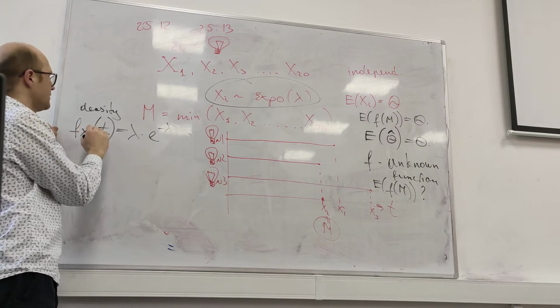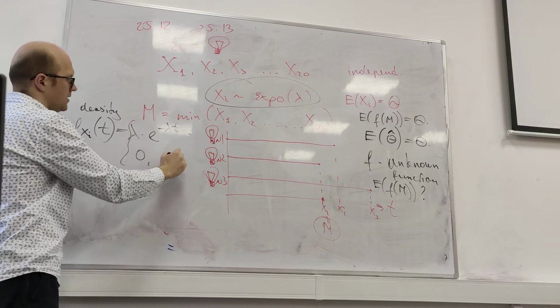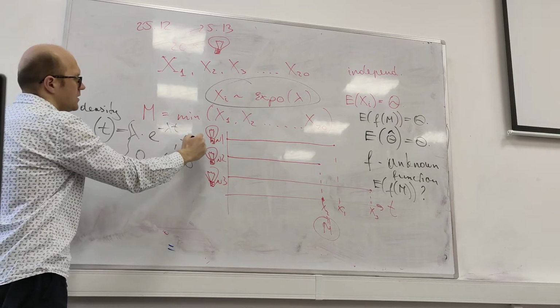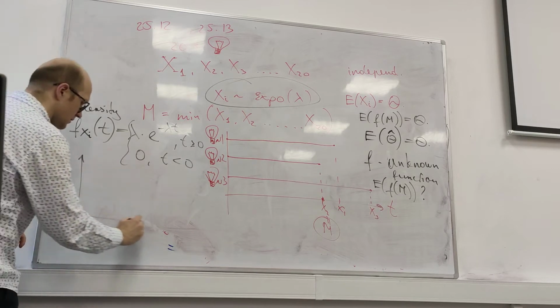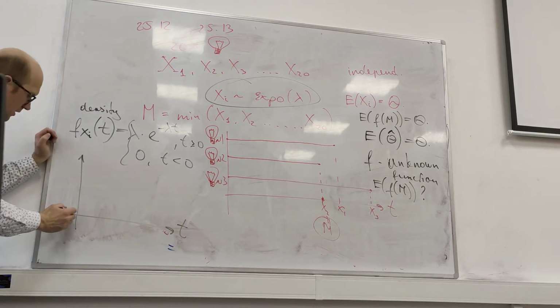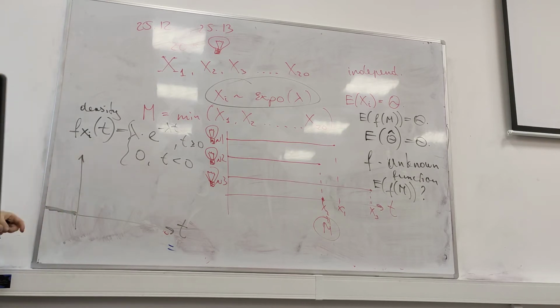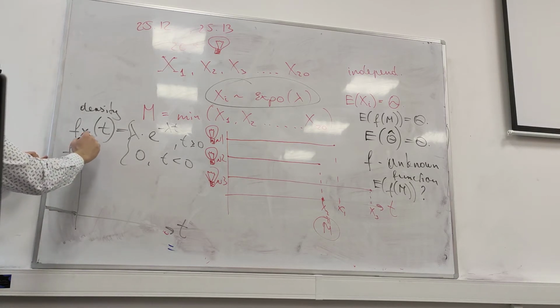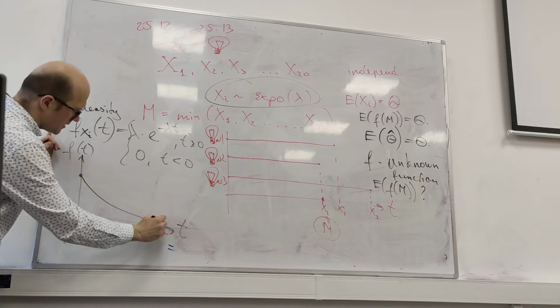So x is a random variable, t is a point. The density is 0 for negative t, and this is f of t, and it goes something like this.